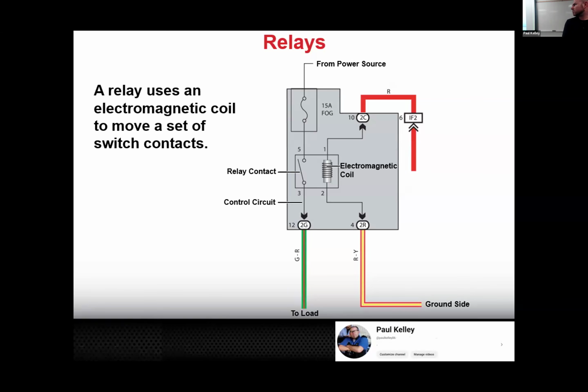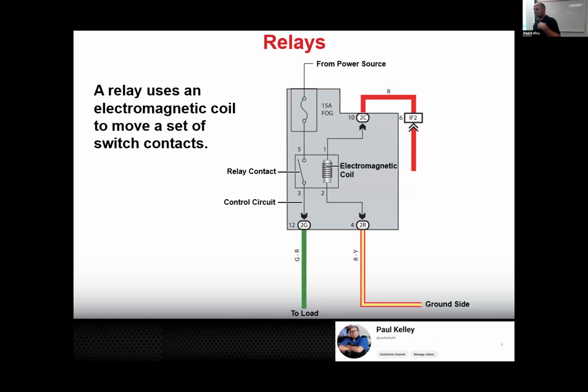You can take your meter and put it on ohms and measure from 1 to 2, and you should get like, I don't know, some number, maybe 100 ohms, maybe 1,000 ohms, maybe 10,000 ohms. You know what you should not get? OL. If you have OL right here, that means this magnetic relay coil is open. So they can fail on the magnetic coil side, yes.